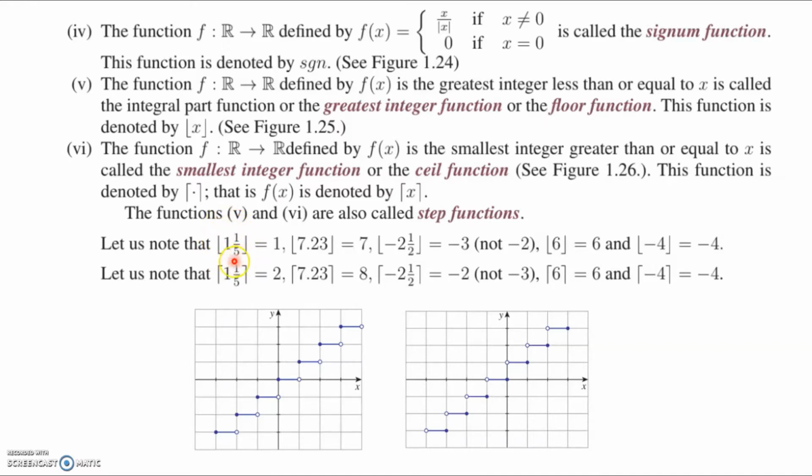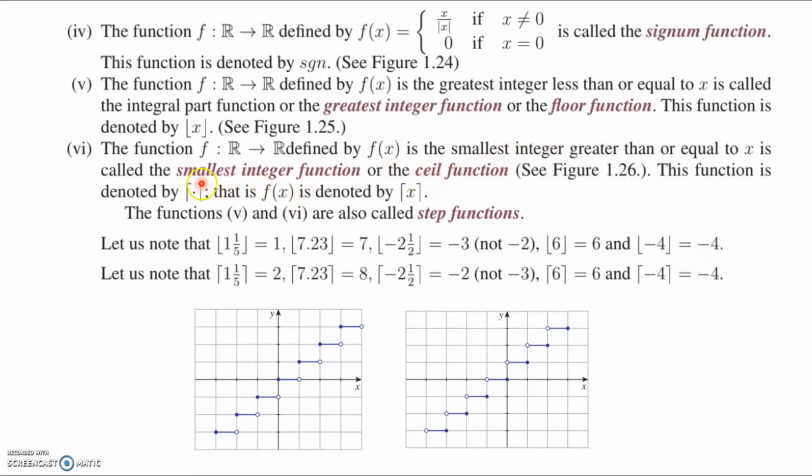So the greatest integer which is less than 1 by 5 is 0. Similarly, the greatest integer for 7.23 is 7, and for minus 2.5 it is minus 3. Please note it's not minus 2. Similarly, for 6 it will be 6, and for minus 4 it will be minus 4.